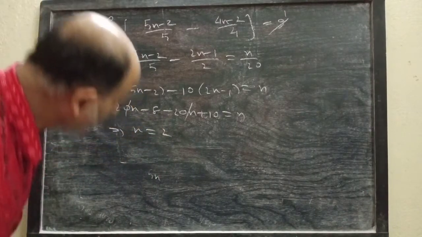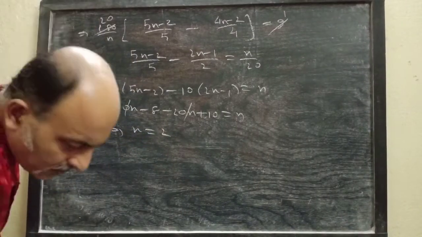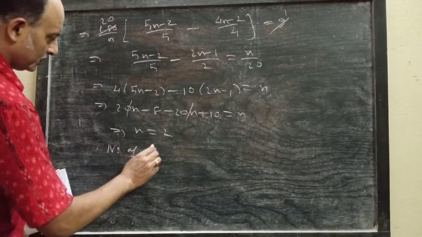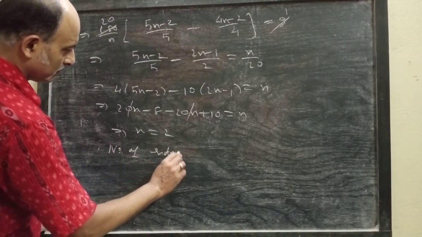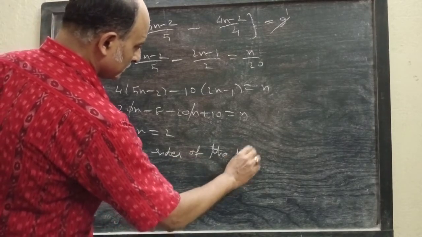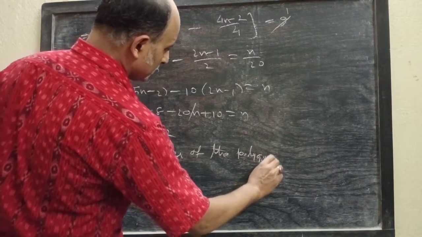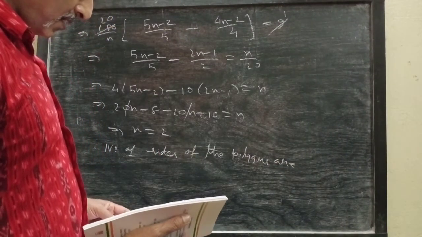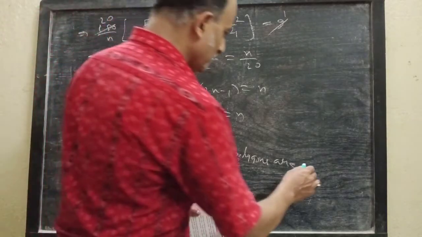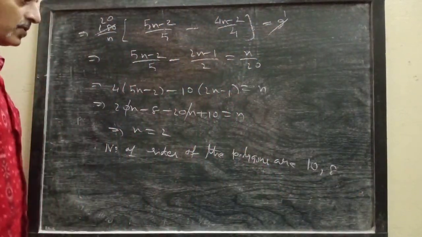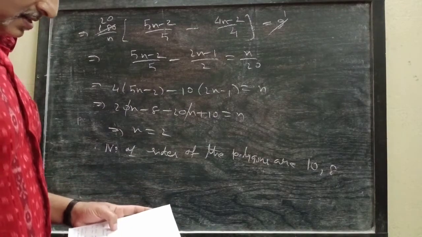When you get n equals 2, therefore the number of sides of the two polygons, we have considered they are 5n and 4n, so they will be 10 and 8. 5 into 2 is 10, 4 into 2 is 8, 10 and 8 respectively.